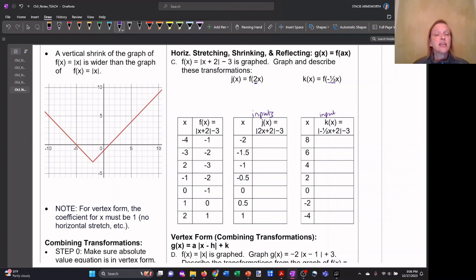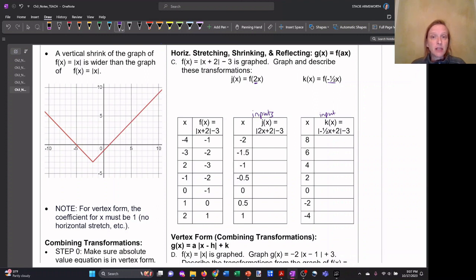To help you out, in this case, we're not starting with the original plain old f of x is the absolute value of x. This time I'm starting with a transformed graph, the absolute value of x plus 2, minus 3, graphed here. Now I want to take that graph and multiply the input by 2 before evaluating the function.